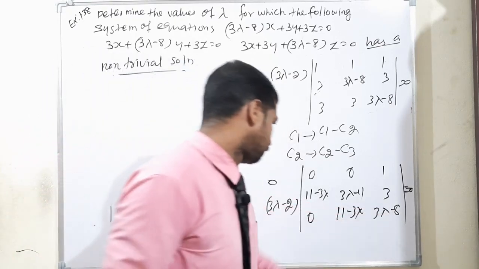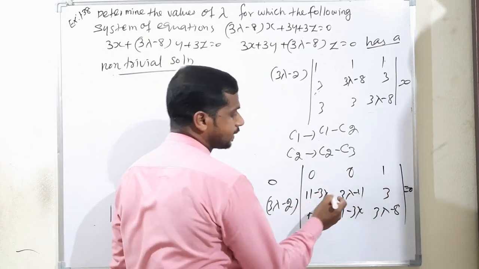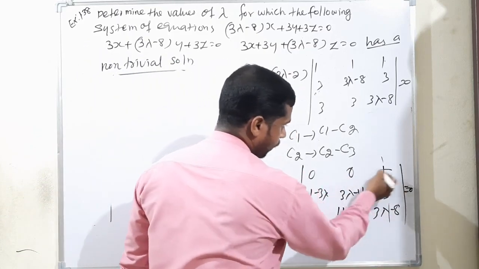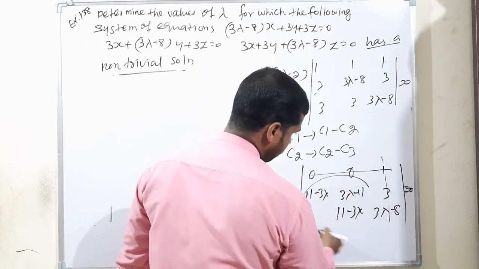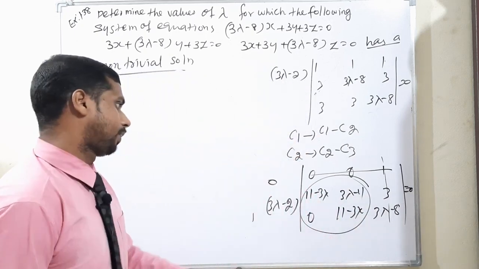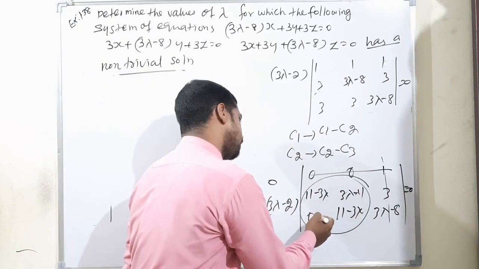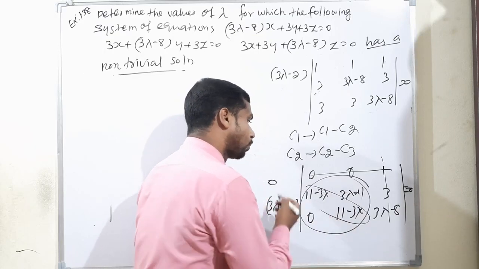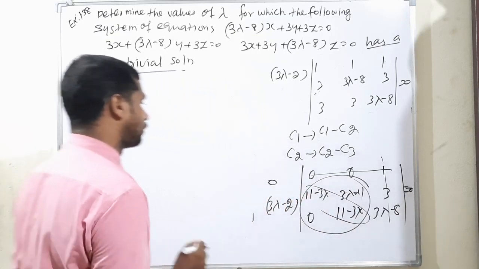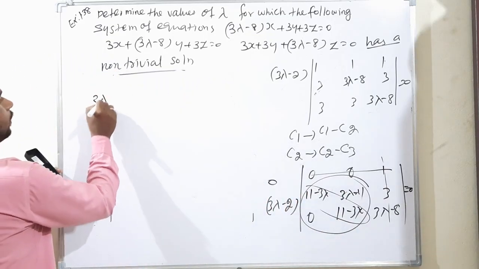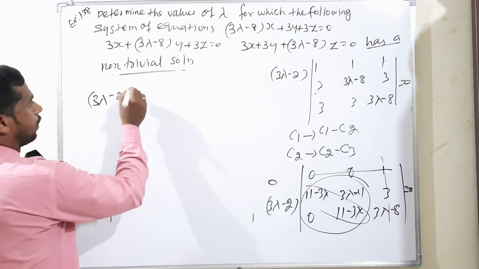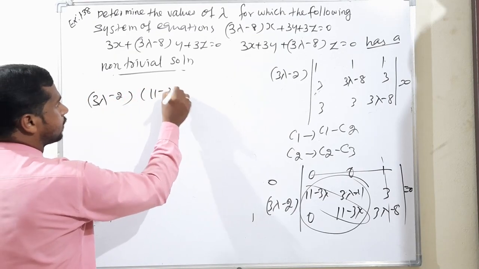Expanding along C3, if you skip the row and column of 1, only 4 terms are compared, so the cross multiplication also becomes 0. So we have only one solution: 11 minus 3 lambda the whole square, with 3 lambda minus 2 common outside, into 11 minus 3 lambda.